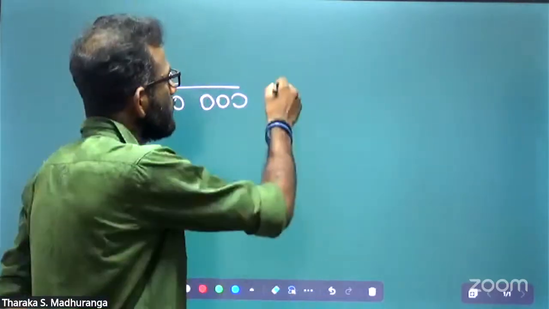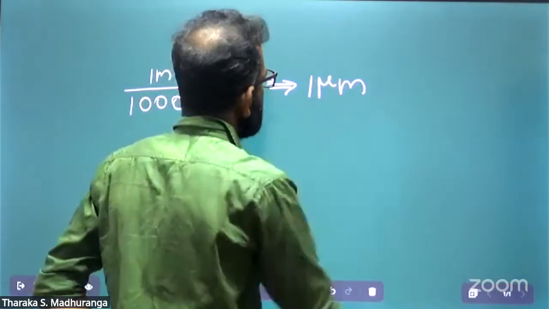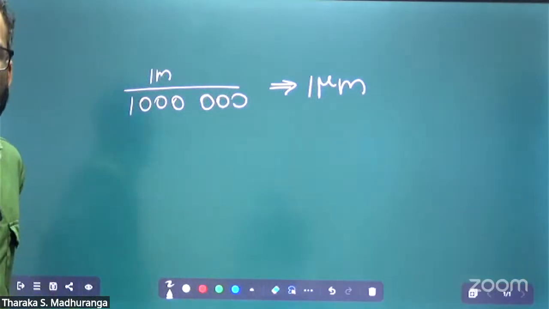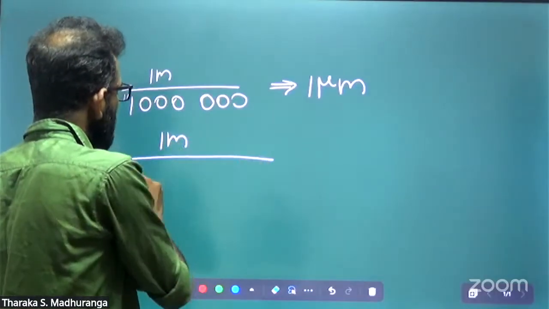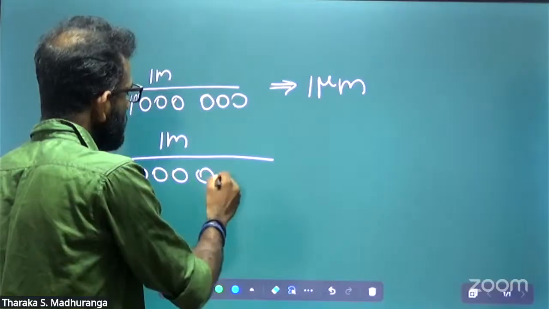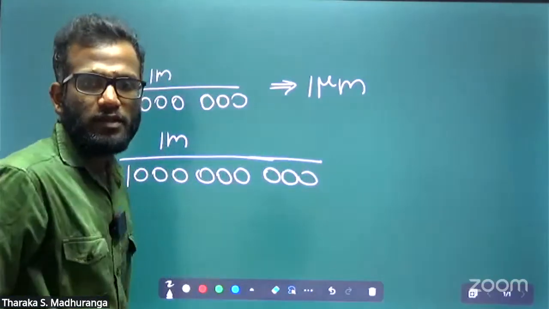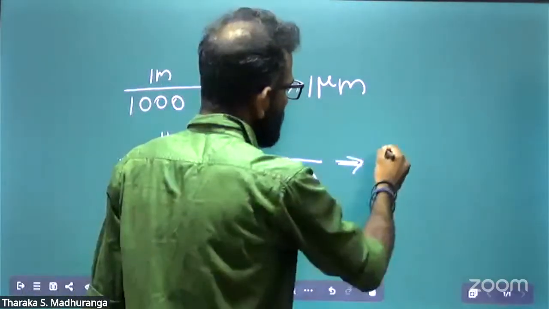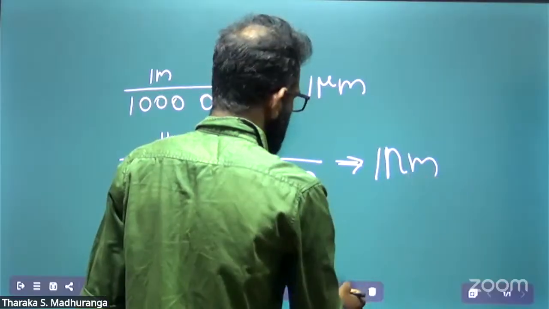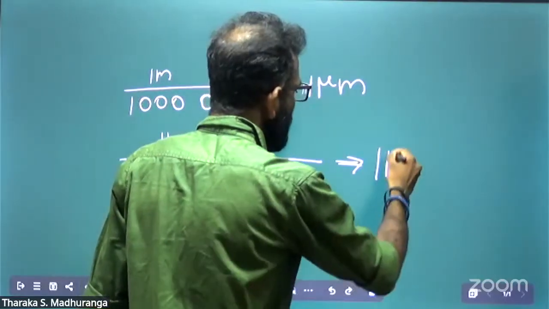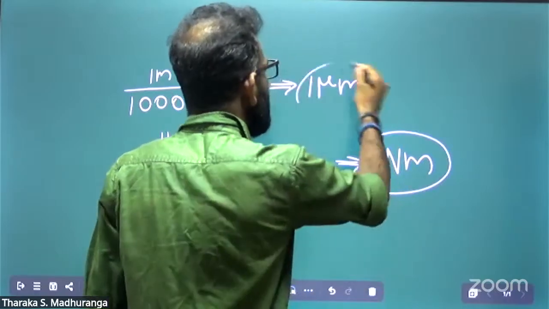If 1 meter is divided into 1 billion, 9 zeros, that is 1 nanometer. 1 nanometer and 1 micrometer.